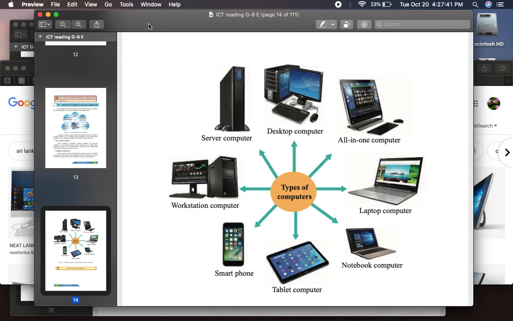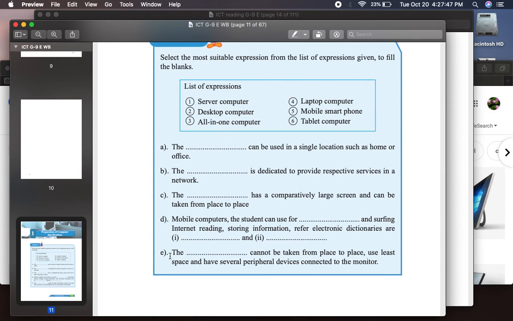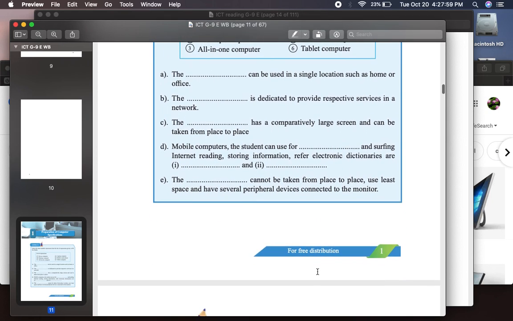So we can safely say that the answer to this question is the all-in-one computer cannot be taken from place to place. Use least space because there's no tower, and have several peripheral devices connected to the monitor.